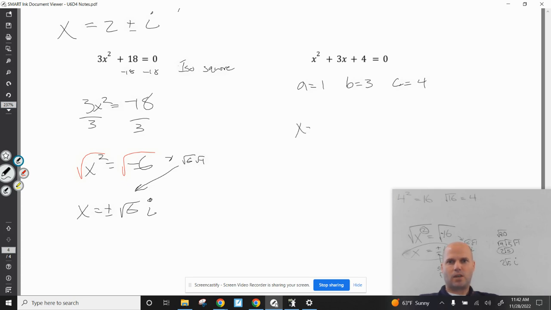Okay, x equals opposite of b over 2 times a. Okay, well, that's just -3/2. That's ugly. Plus or minus square root b squared minus 4 times a times c all over 2 times a.